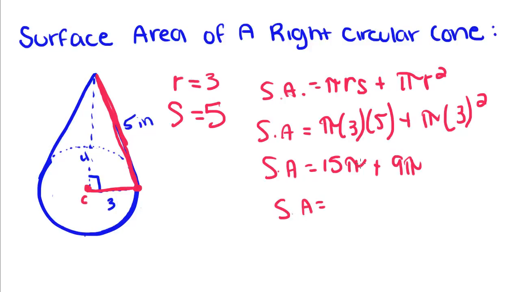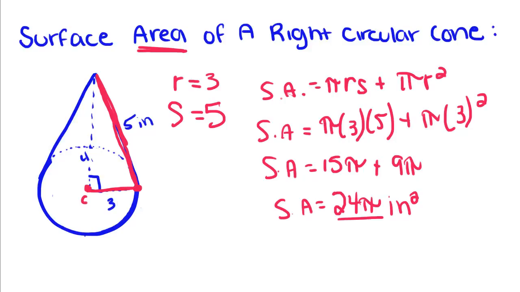So our surface area is equal to 15 plus 9, which is 24 pi. We're going to leave it just like that so that we are giving the exact value. But we can't forget our units. So our units are inches squared because area is always measured in units squared.